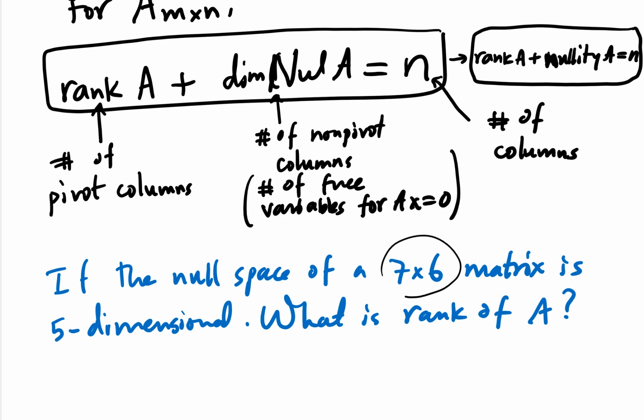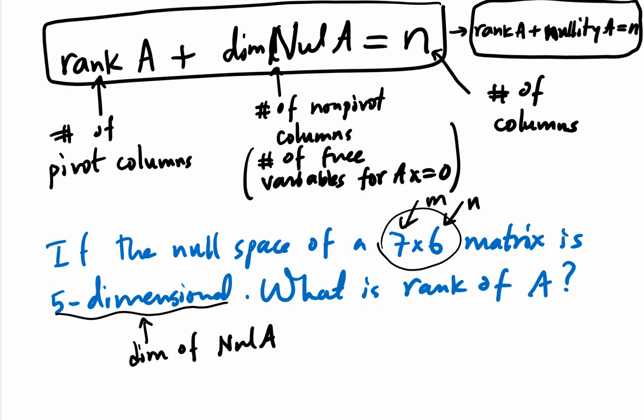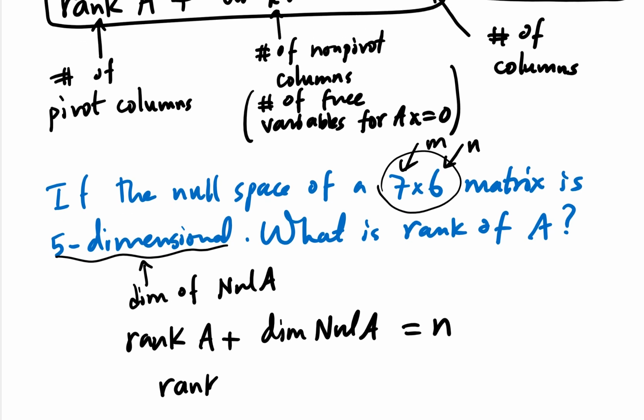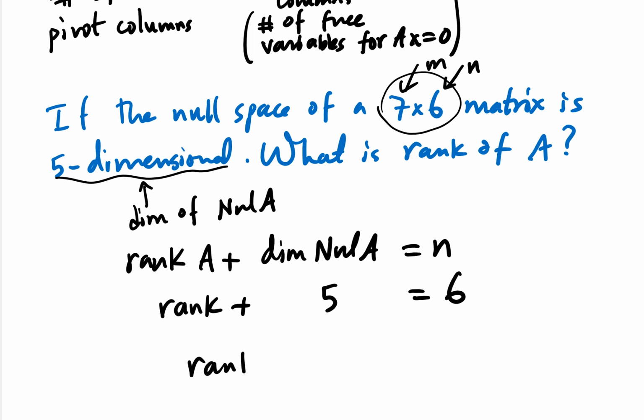So quick, this is m by n, so m is 7, n is 6. When they say 5-dimensional, this is the dimension of the null space of A. So by the rank theorem, the rank plus the dimension of the null space of A is n. So the rank of A, we're looking for that. The nullity is given as 5 and n is 6. So the rank of A is 1.